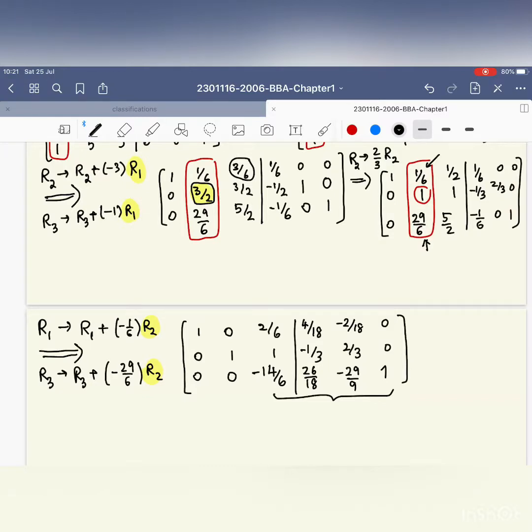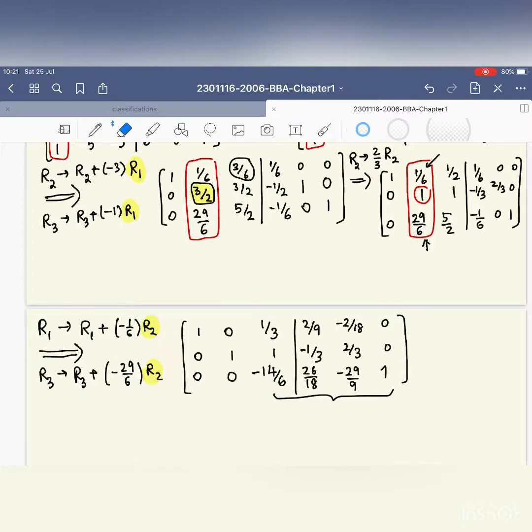Okay. So let me simplify it a little bit. For example, this one, instead of 2 over 6, you have 1 over 3. Right? Instead of 4 over 18, you got 2 over 9.